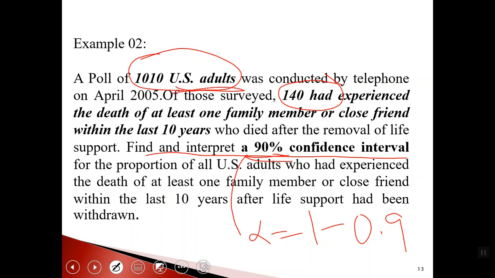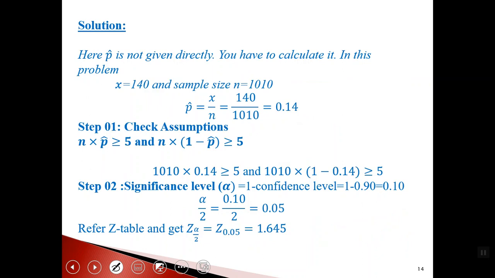US adults, sorry, 1010 adults. Among them 140 had experience, which means 140 successes. So x equals 140, and your sample size is 1010. So simply you can calculate your p hat, x over n, so 0.14.